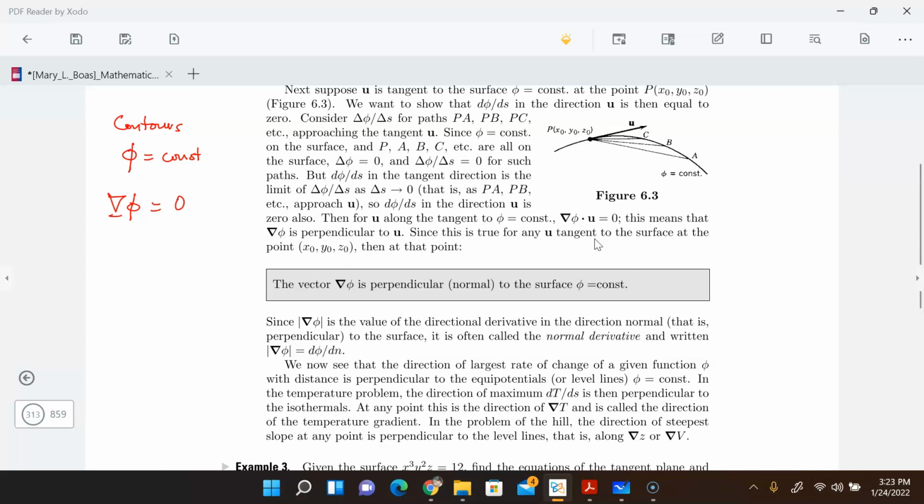That simply says del phi dot vector u, just now, equals 0.